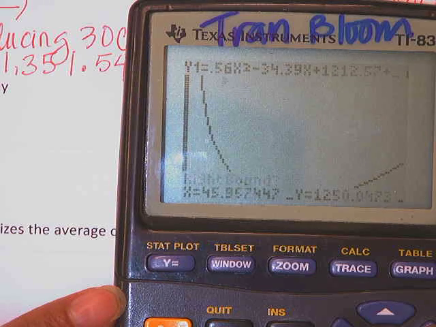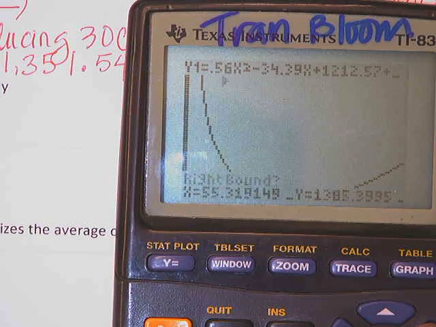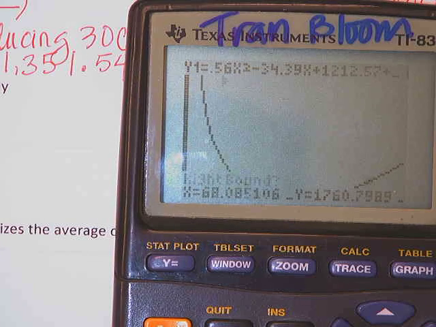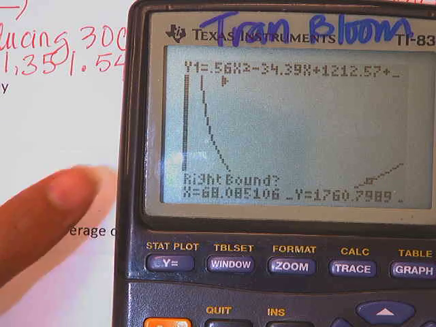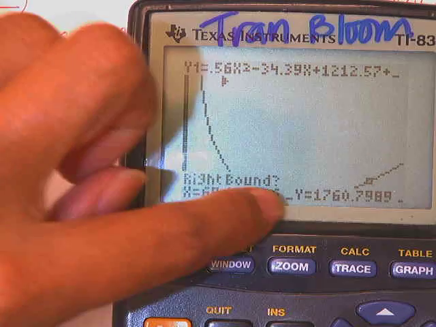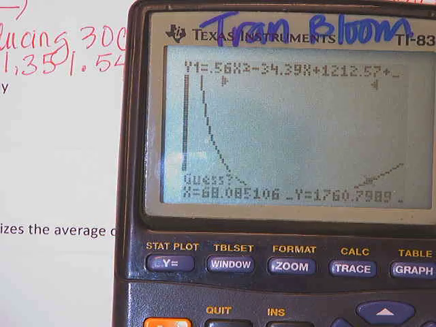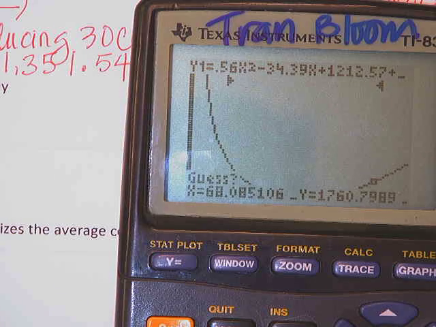I want to go far enough to where I can see the blinking piece easily. Okay, right now it's still blinking right there, and I'm not sure, that's why I want to keep going. Alright. So I know this can't be the lowest, so I'm going to stop right there. So that's the right-hand side of the point I'm trying to locate. Hit enter. And it said guess, with a question mark. So, yes, I do want you to guess for me, computer.